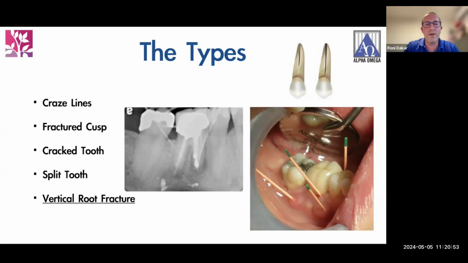And the classical radiographic feature of a vertical root fracture is a J or U-shaped lesion that wraps around the root, but also lateral lesions, all of which will make us suspect the presence of a VRF.